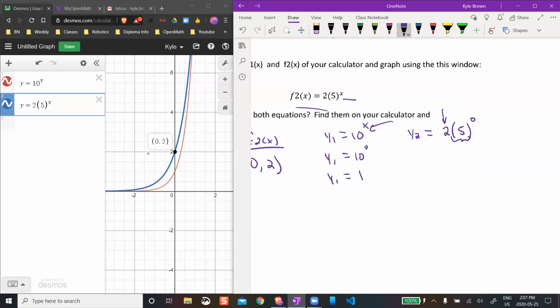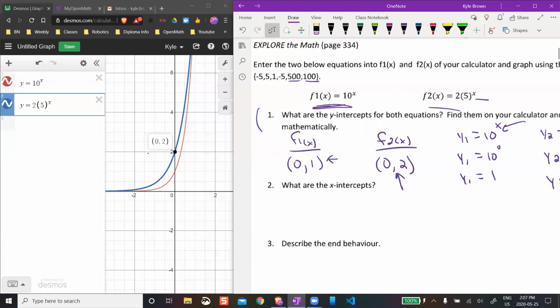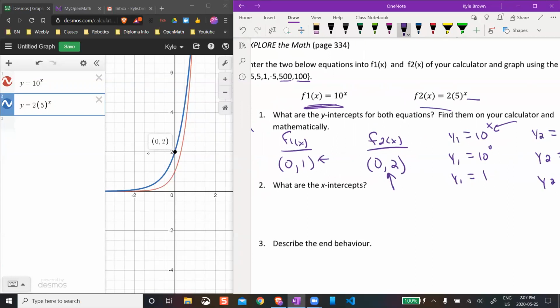This 2 isn't being raised to the exponent. So if I write this one out, this is really the same thing as 2 times, and then 5 to the power of 0 is 1. So in that case, y would be equal to 2. And that's why we cross the y-axis at 2 here. And that's always going to be the case. It's always this number out front that's going to be our y-intercept.